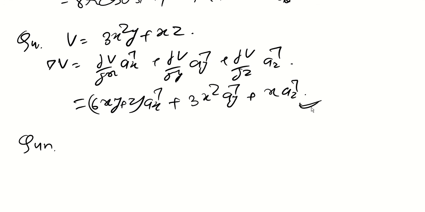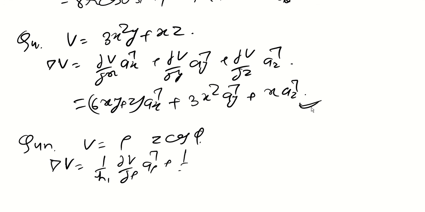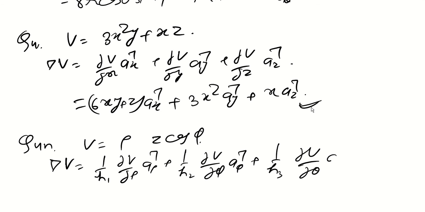Let's take another question. The question is v equal to rho z cos phi. So del v, you remember now, is 1 by h1 dou v by dou rho a rho plus 1 by h2 dou v by dou phi a phi plus 1 by h3 dou v by dou z a z. Try to understand: in a cylindrical coordinate system you have the point P as rho, phi and z.